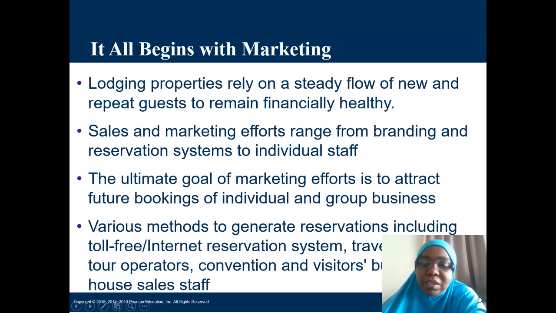There are various methods that are used to generate reservations, and this includes the toll-free and internet reservation system. Like I mentioned, at times some hotels do give free Wi-Fi services. Travel agents, tour operators, convention and visitors bureaus, in-house sales staff, and so on. So all these are marketing strategies, all right?